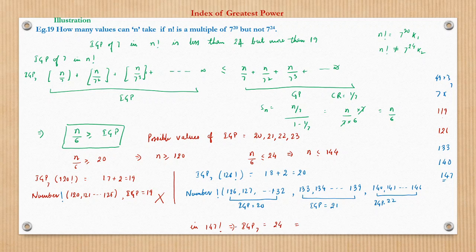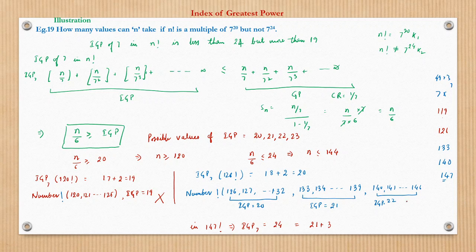This we can check also. 147 by 7 gives 21, and then 21 by 7 is 3, so that is 24, right? We got this directly because after 22, the next number is 147, which is a multiple of 49, that is 7 square, so there will be a jump of two from 22 to 24, which we don't want. We want 20, 21, 22, 23. So 20, 21, 22 is there, 23 is not possible, 24 is the next number.